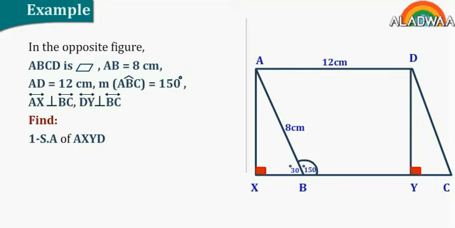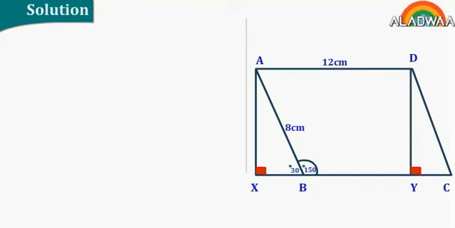Solution. Since the measure of angle ABC equals 150 degrees, the measure of angle ABX equals 30 degrees. In triangle AXB, AX equals half AB, equals 4 cm.